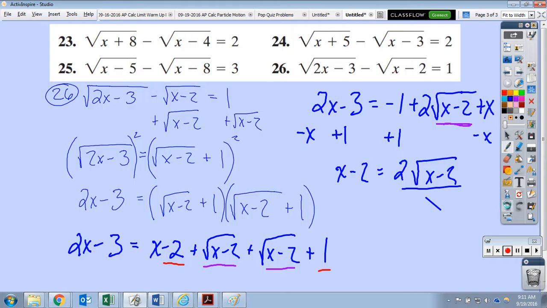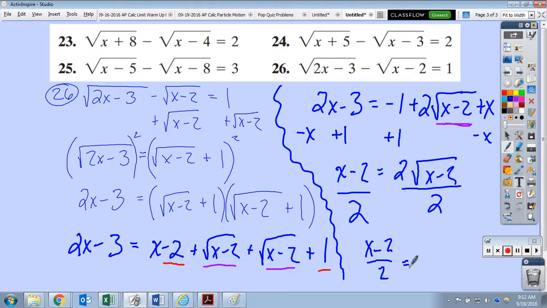And let me go ahead and do this so it's clear. All right, so then we have x minus 2 over 2 is equal to the square root of x minus 2.